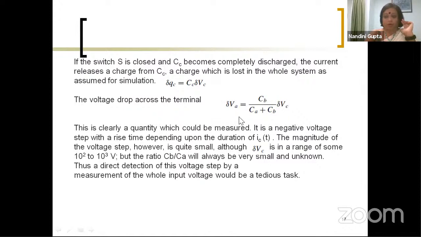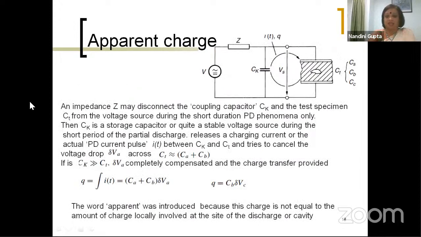We can measure the potential difference across the test specimen, but we cannot establish the relation between delta VA and delta VC, because we do not know CB, CS, etc. And also because we would end up with very small quantities to be measured, which may not be measurable. And therefore, a direct detection of this voltage step by a measurement of the whole input voltage would be a tedious task.